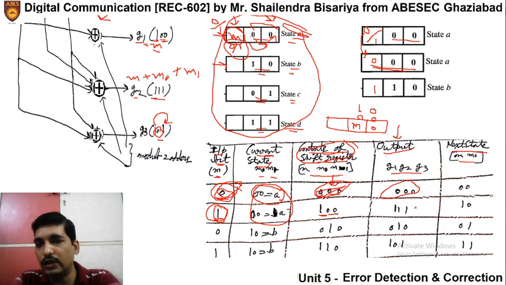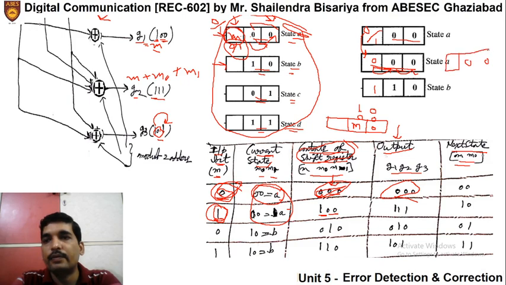No need to calculate anything. We can say that G1, G2, G3 are 0 directly here. And the next state will be, since this is 0, it will move further here, so the next state will again be 0 0, that means the next state is again A.